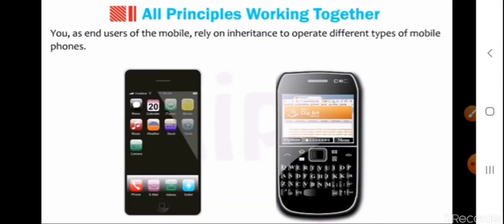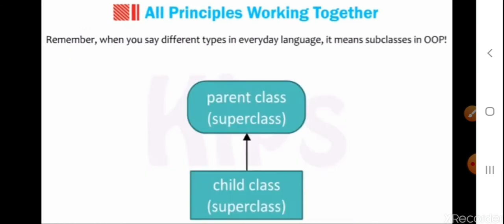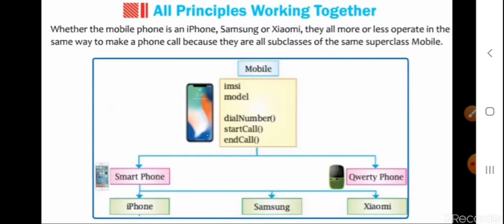You, as an end user of the mobile, rely on inheritance to operate different types of mobile phones. Remember, when you say different types in everyday language, it means subclasses in object oriented programming.